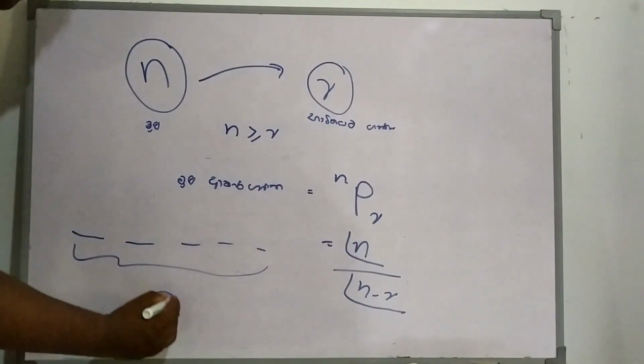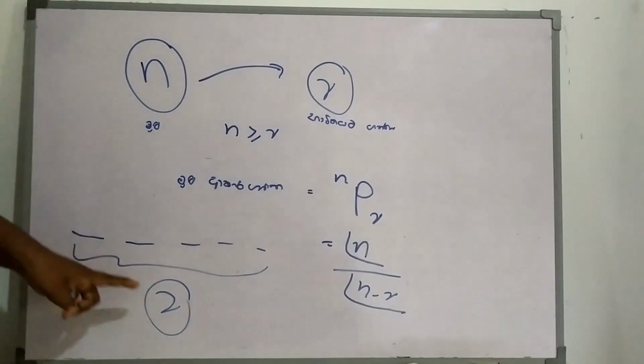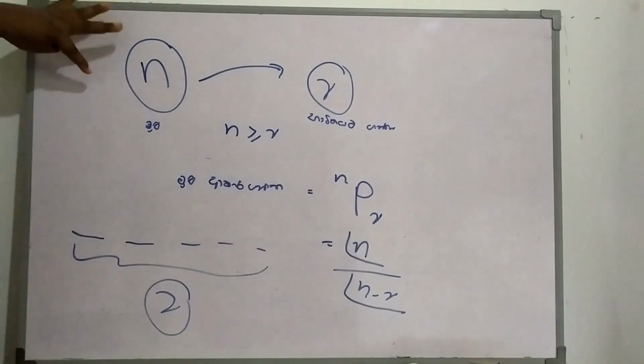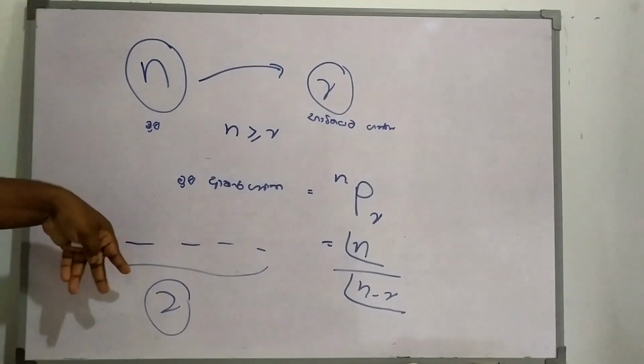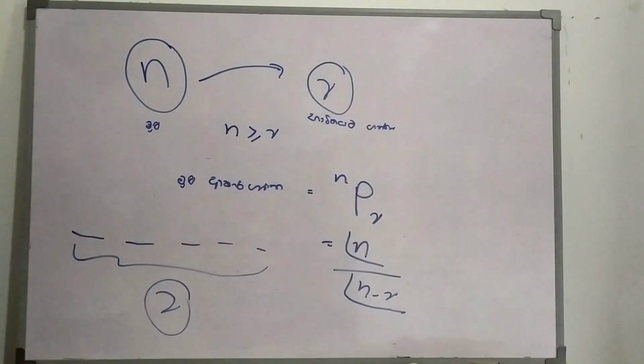Assume we have r spaces, but n elements are available. We can choose from n elements, but the available space is r, so we have to select only r elements.